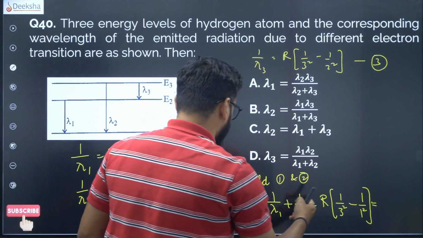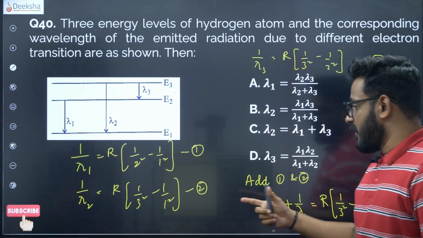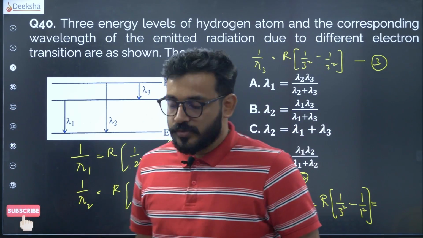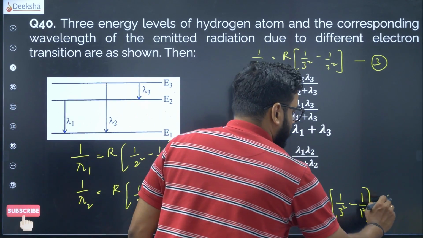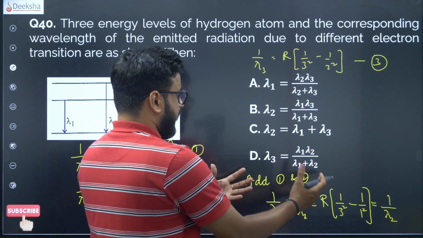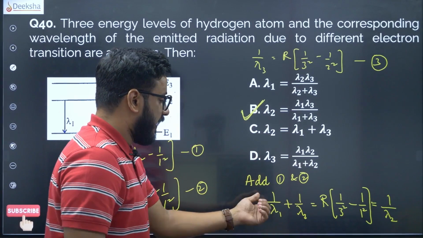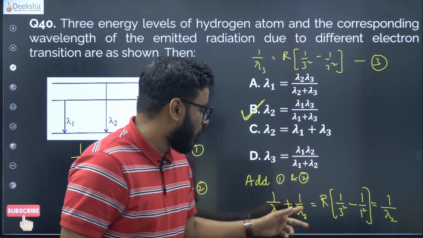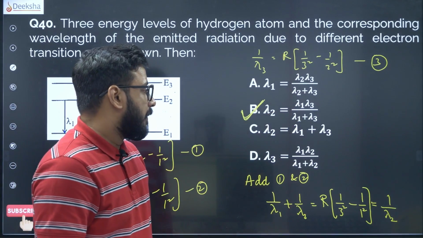So this is nothing but 1 by lambda 2. So 1 by lambda 1 plus 1 by lambda 3 is equal to 1 by lambda 2. Just take the LCM and rearrange, and you will get the answer as option B. Take the reciprocal on both sides: lambda 2 is equal to lambda 1 lambda 3 by lambda 1 plus lambda 3.